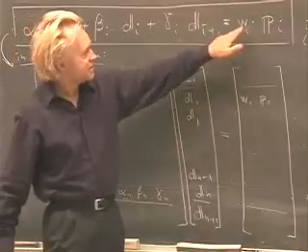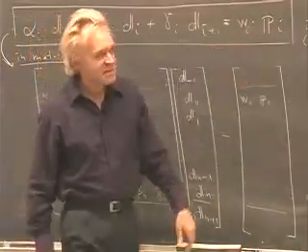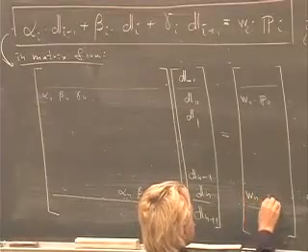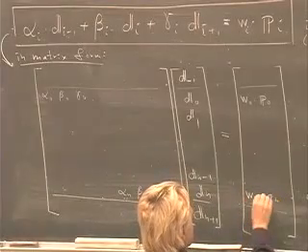On the right-hand side, I get w_n times p_n.